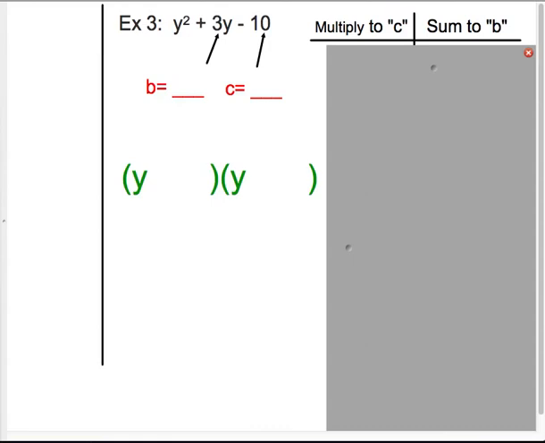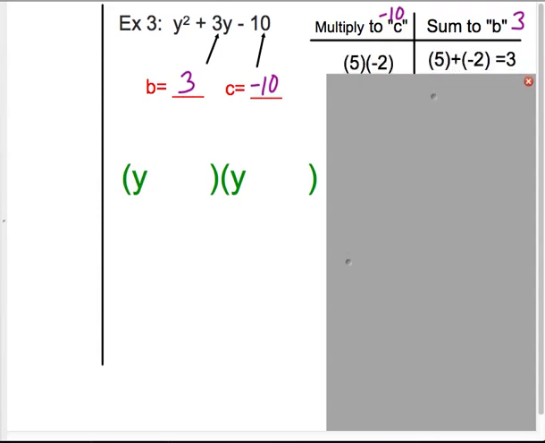In the second case here, our b term, remember, is the coefficient of y, which is 3. Our c term is the constant, which is negative 10. So using our T-chart, we need to multiply to negative 10 and add to 3. Our first option is 5 times negative 2, and 5 plus negative 2 is 3, so we found ours right away this time.